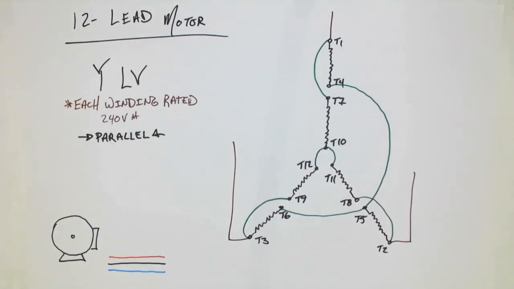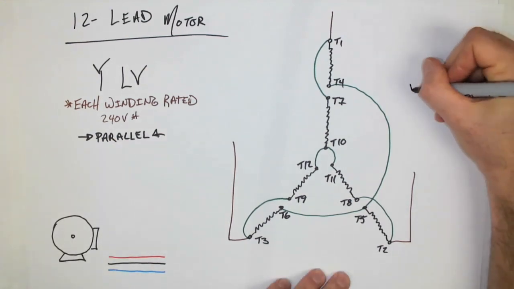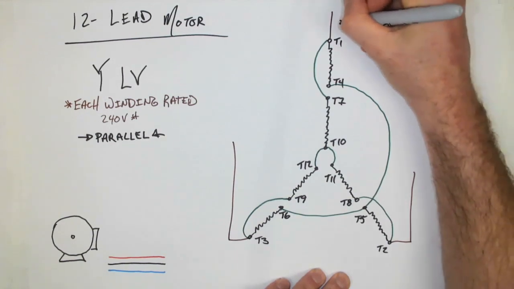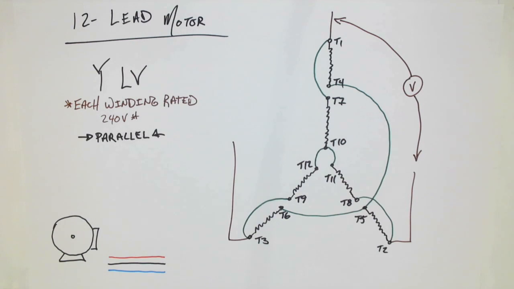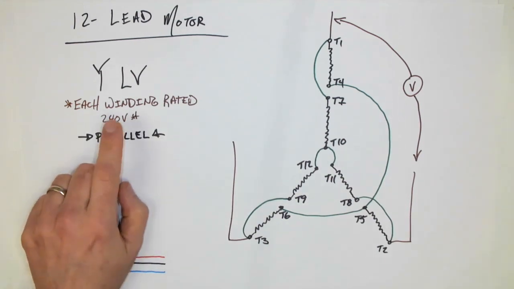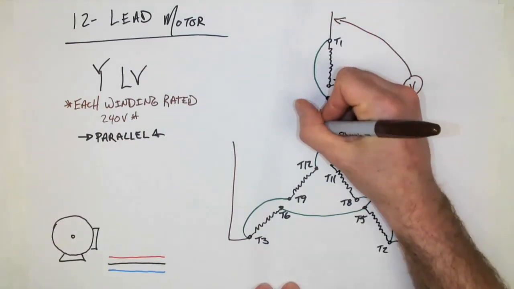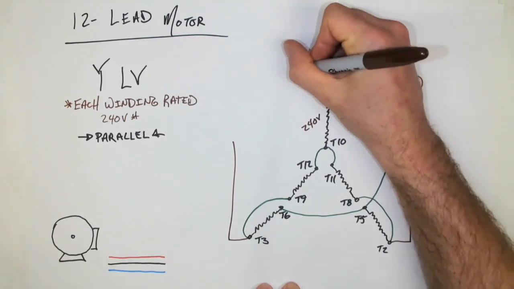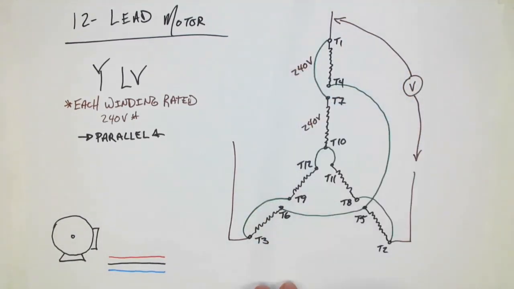So in this particular scenario, we've done a parallel connection. And if we wanted to determine what line voltage of three-phase source we would need, we need to utilize our understanding of voltage in parallel connections. Each of these is rated for 240 volts. Since they're in parallel, they do not add. It's as if we have 2 Y connections.